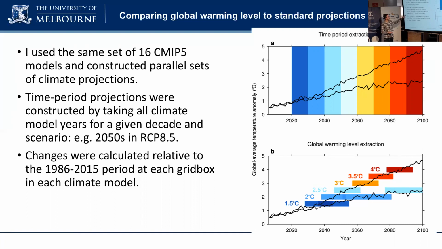So I'm constructing them for given decades and given scenarios. So for example, the 2050s under RCP 8.5. So in this case, I'm removing the scenario uncertainty deliberately, but there is still uncertainty due to model uncertainty, climate sensitivity differences, pattern differences of warming, and also internal variability. That's contributing to the uncertainty in that ensemble.